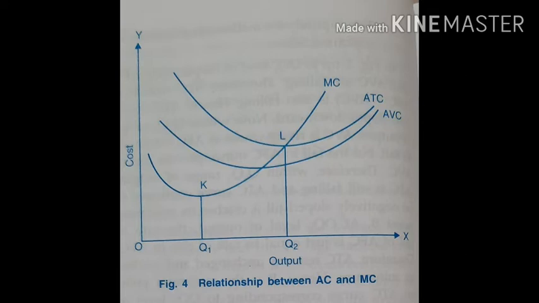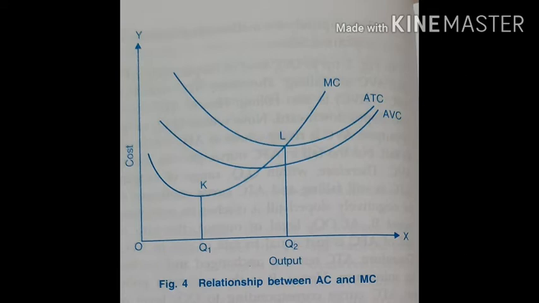Referring to the diagram, the MC curve lies above the ATC curve beyond OQ2 of output, and in this range the ATC curve is rising. That is very obvious in the diagram. So long as the marginal cost is higher than the average cost, it pulls up the average cost, leading to a rise in average cost. You can refer to the schedule also to clear the concept.